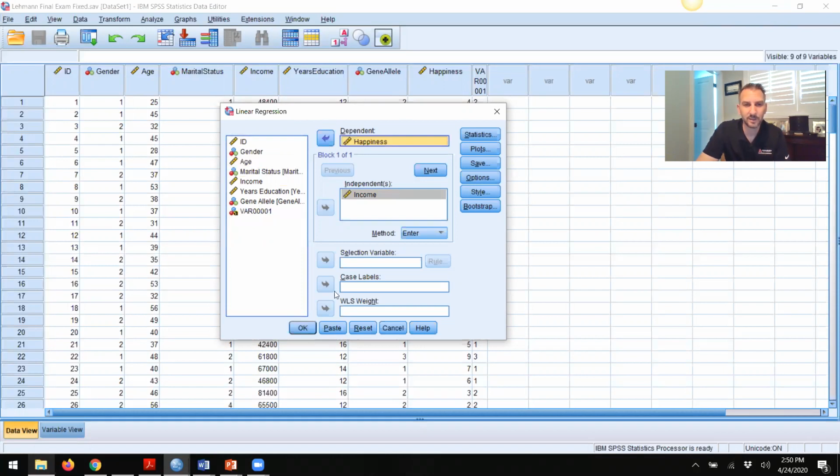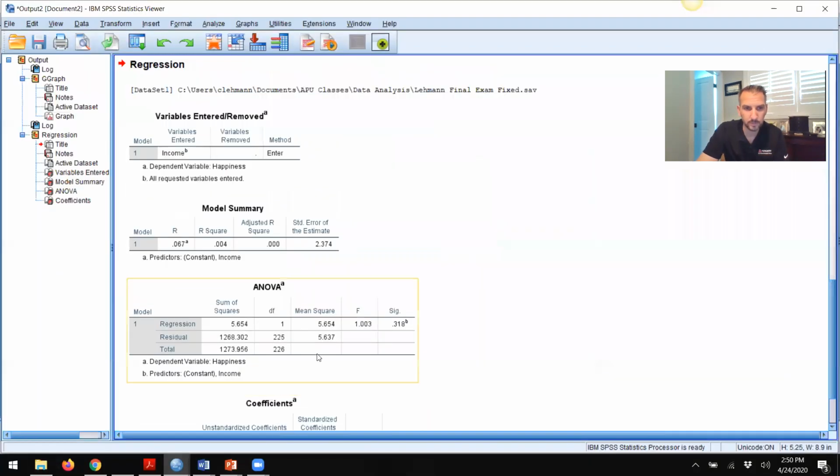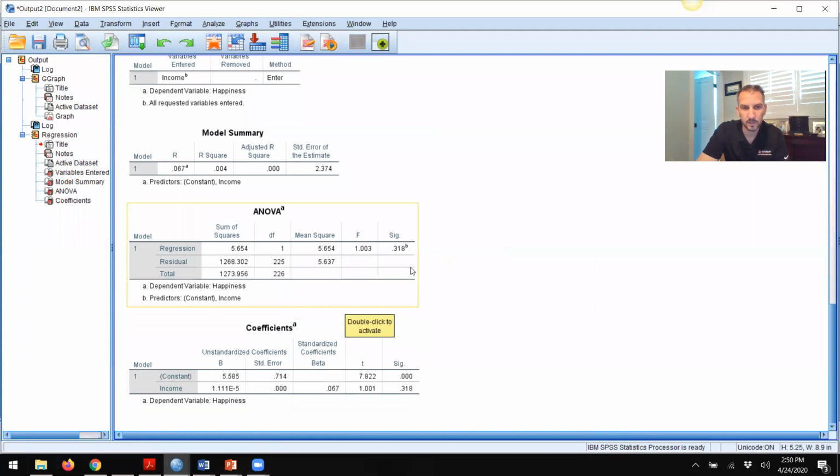All right, if I go to the output, it is not significant, 0.32. So in this case, it's fake data, but we didn't find a relationship between income or money and happiness.